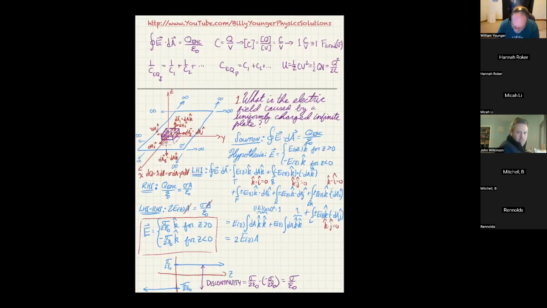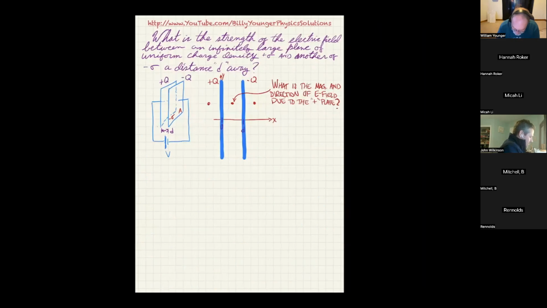Now, the left plate is positively charged, so if I put a positive charge at that red dot between them, that positive plate would make it move to the right. So the answer is sigma over 2 epsilon naught, and the direction is going to be that way.